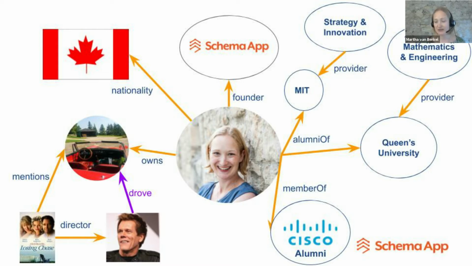Anyone who plays the game of 6 degrees to Kevin Bacon will realize that I'm actually 2 degrees from Kevin Bacon, making you 3 degrees from Kevin Bacon, and hopefully helping you win that game in the future. So that is a little bit about me and my knowledge graph, but also to make the point that when you connect your information, you can learn interesting things, but so can the robots and search engines.